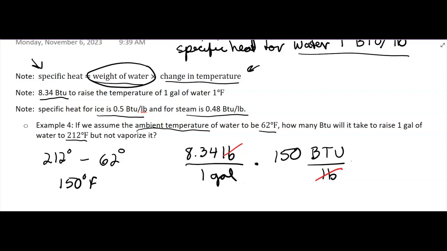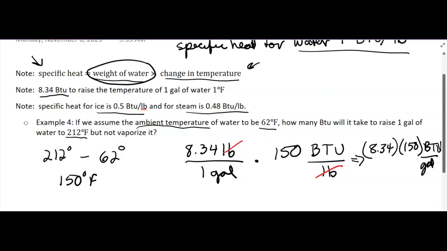Okay, so how are we going to find that? This is going to equal 8.34 times 150, and then our units are going to be BTU per gallon. And that's what we want. We were trying to figure out for 1 gallon of water.